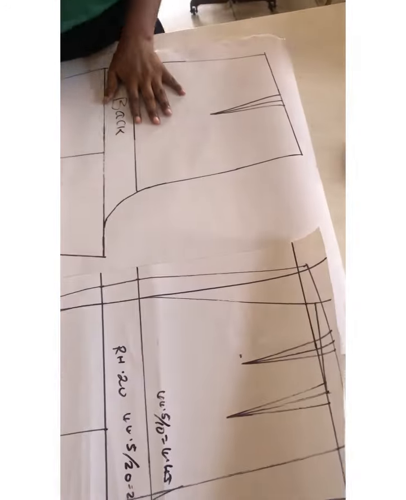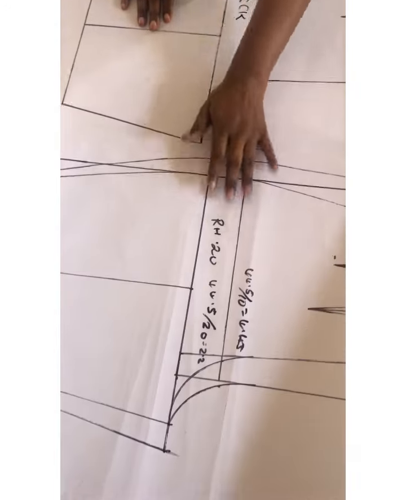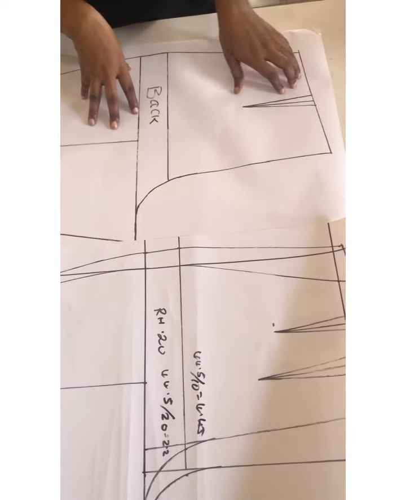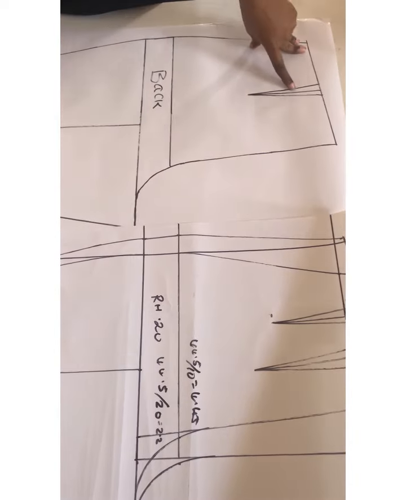Back. Here is our back and here is our front. So I'm going to be cutting it out, then trace out our band.